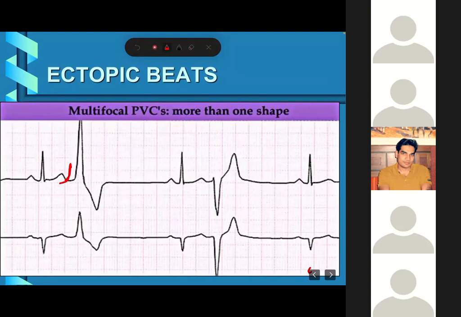In PVC, there is a broadening of the QRS complex. This is the normal QRS complex. This is narrow, always narrow. And we are seeing that this is a broadening of the QRS complex followed by an inverted T wave. This is a PVC. And this is a multifocal PVC. The other focus is a downward broadening of the QRS followed by an upward broadening.